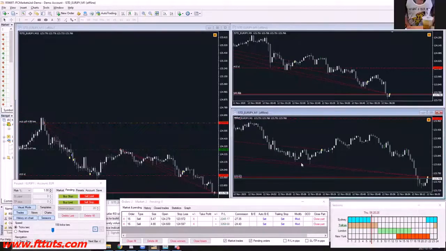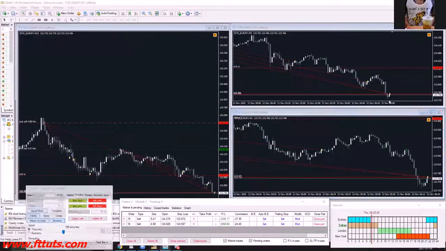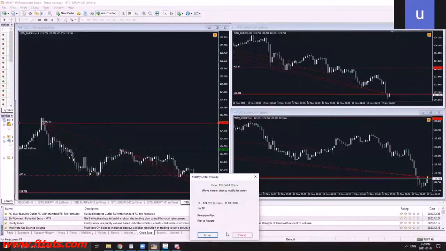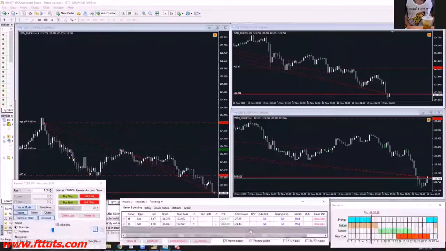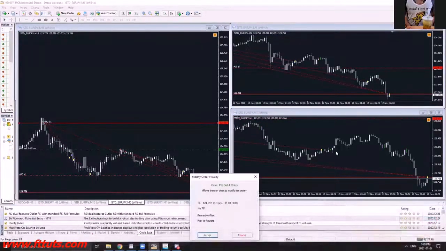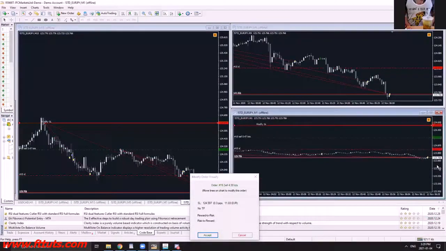There you go. So I closed a lot of profits. That's good. I'm gonna move my stop loss above the previous high on the 5 minute. How come I can't move my stops?